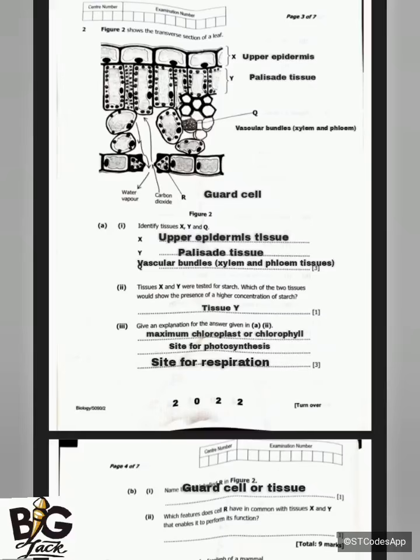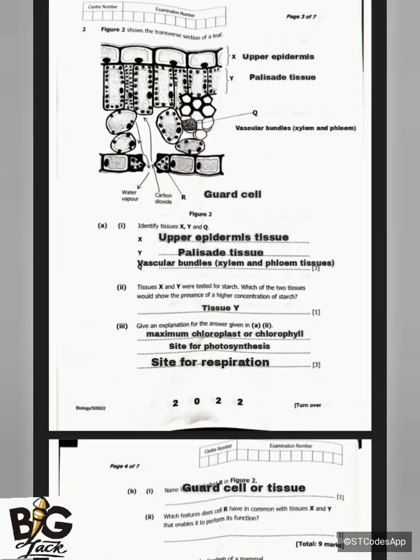Roman numeral 2 says, which feature does cell R have in common with tissue X and Y that enables it to perform its function? As you can see here, tissue Y has chloroplast or chlorophyll, and even cell R has chloroplast or chlorophyll.